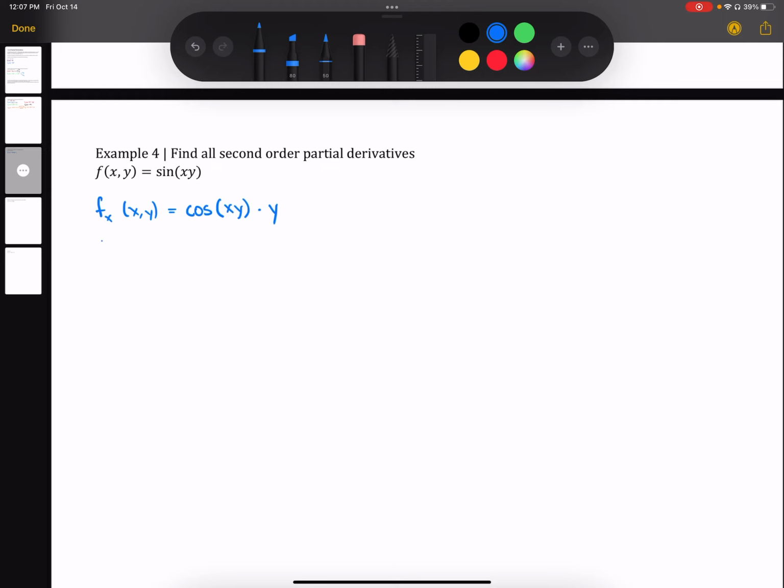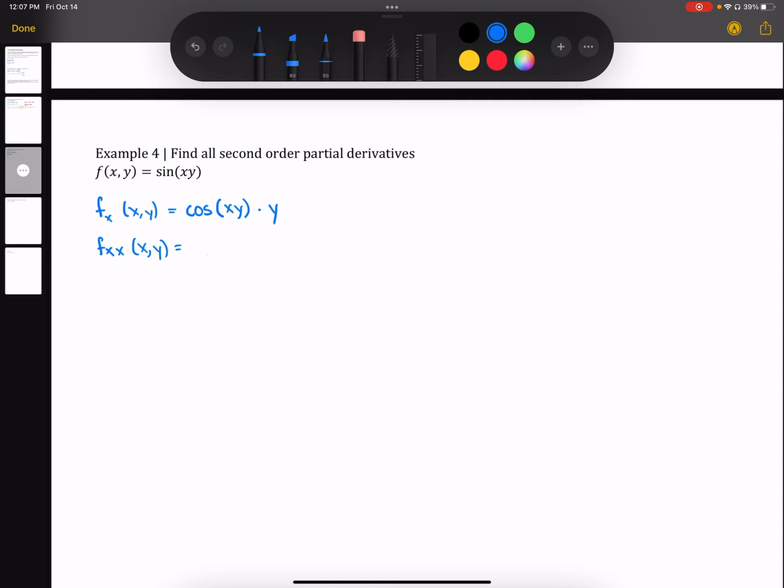And so now when we find our second derivative with respect to x, the derivative of cosine is negative sine. You know what? Let's actually do a rewrite for a moment.